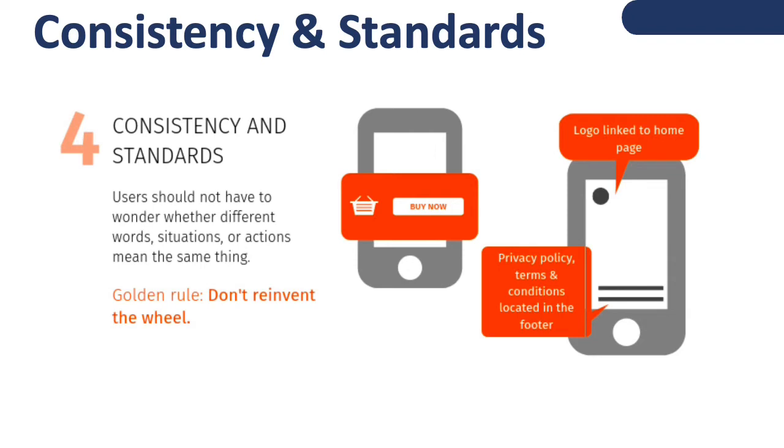The format should be consistent throughout the website, and the terms used should be sensible and consistent. Does the site comply with conventions, such as if there is a link, it should look like a link? The rule of thumb here is don't reinvent the wheel, but reuse things.